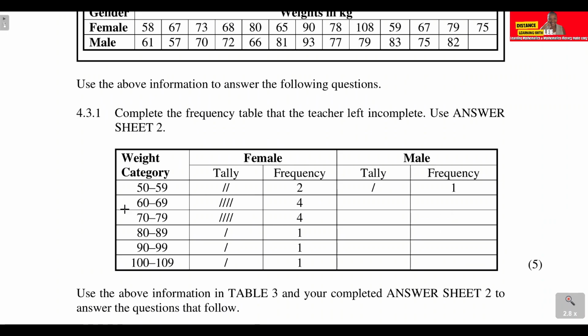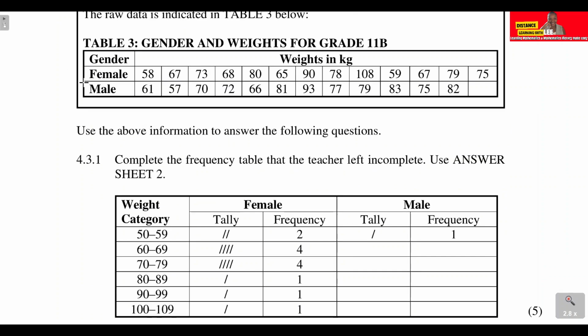So in this case, if we have to complete this incomplete frequency table, we need to determine how many males weighed between 60 to 69, by representing that with a tally and then counting and representing that as a number. Let me show you what that means. We're going to look at our row for the males. We're going to focus just on the males, so I'm going to highlight that.